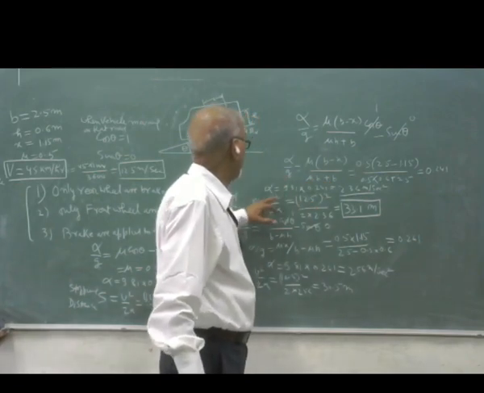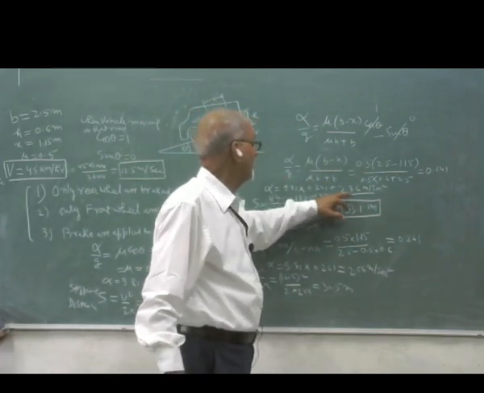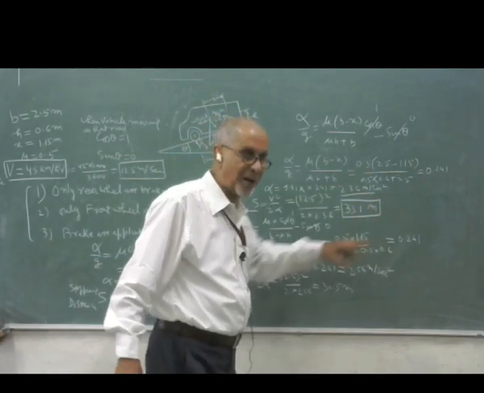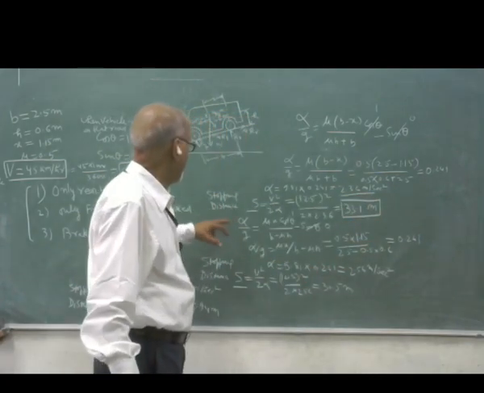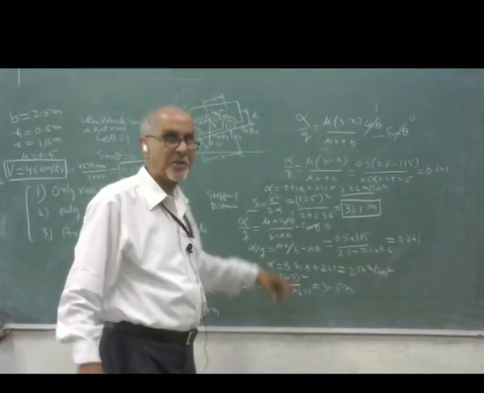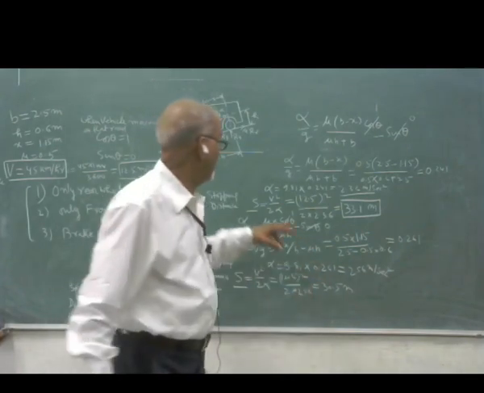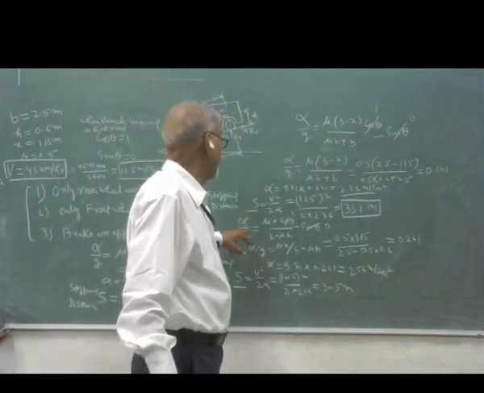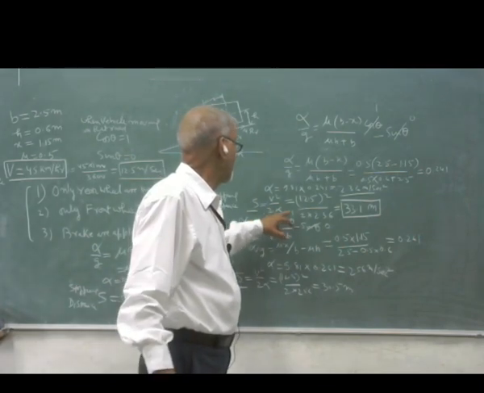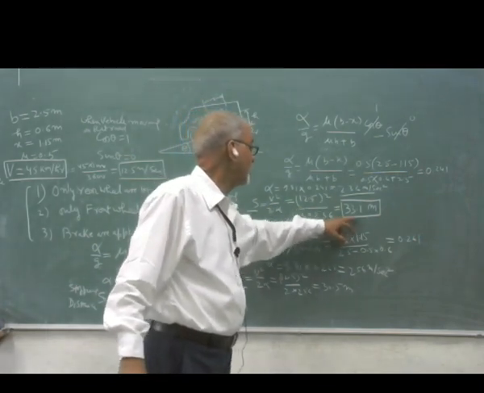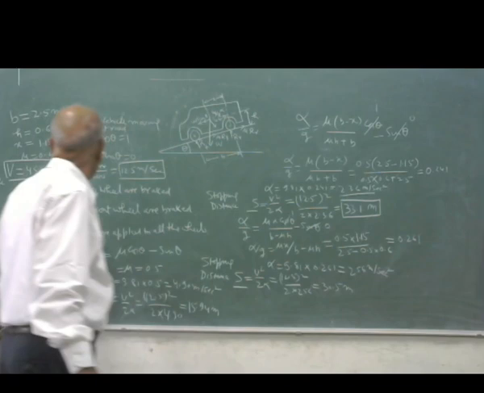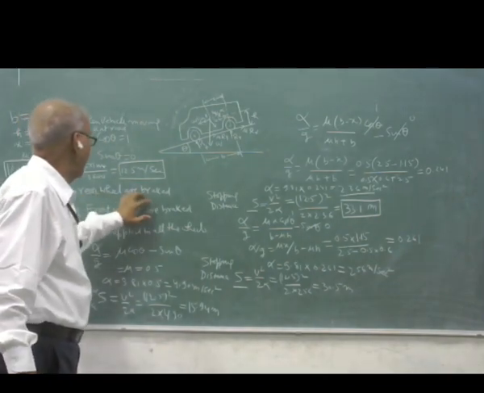We calculated the value of alpha as 2.36 meter per second square. Then the stopping distance s is given by v square upon 2 alpha, putting all those values, 33.1 meter, when only rear wheels are braked.